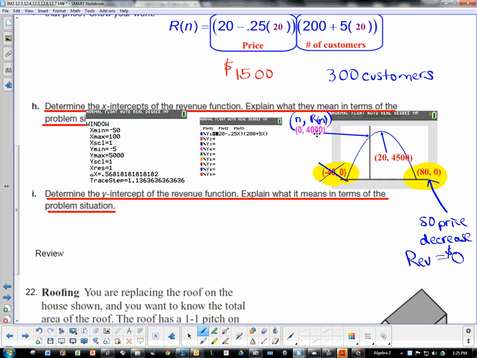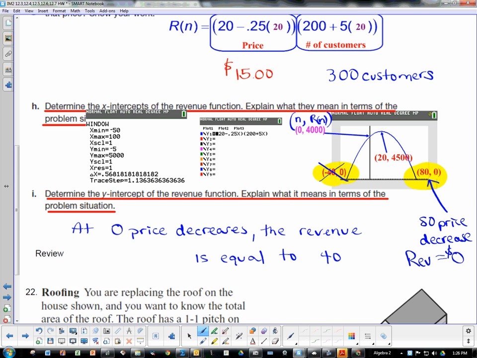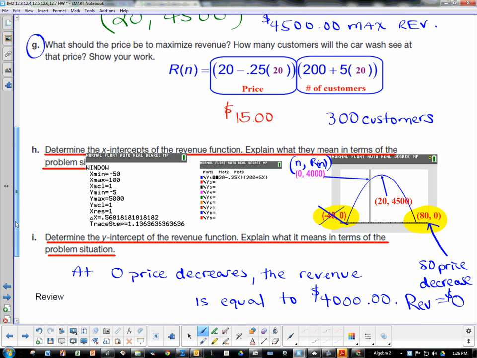So we could say for I, at 0 price decreases, the revenue is equal to $4,000. And there you have it. And that is the end of our section 12.4 homework.